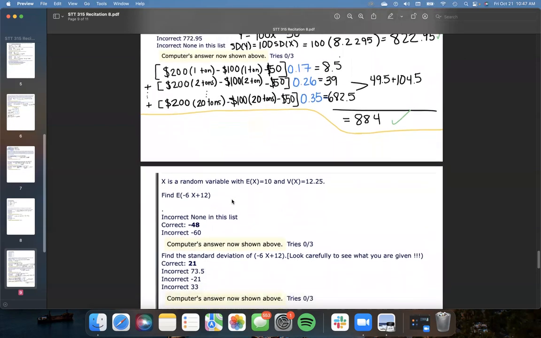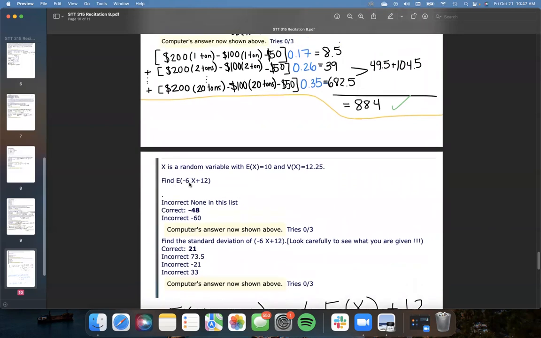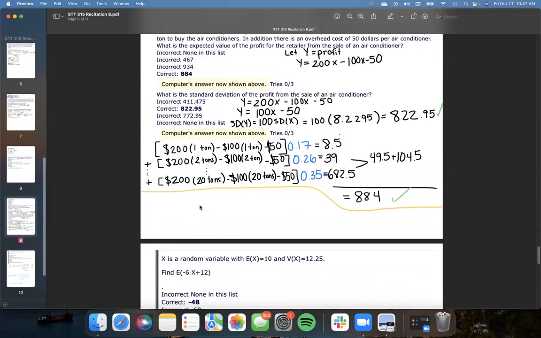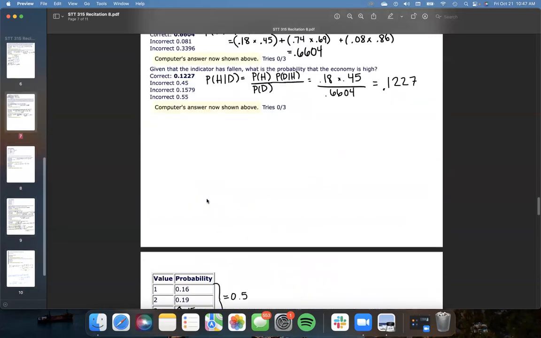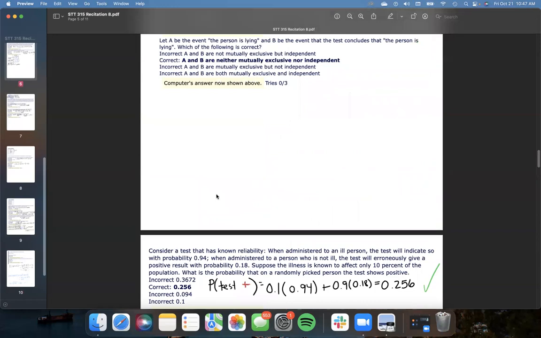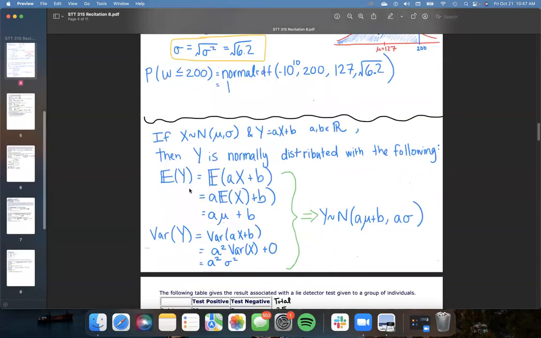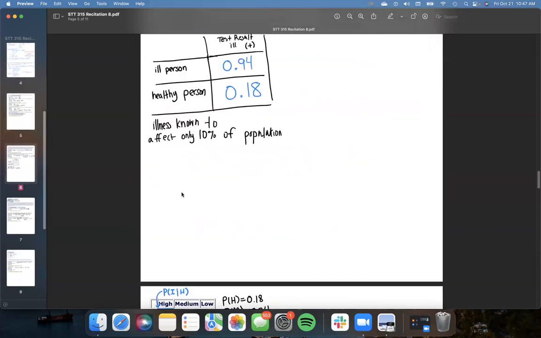X is a random variable with expectation of X equal to 10 and variance of X equals 12.5. So now we want to find the expectation of negative 6x plus 12. So this is what we talked about way up here. We're going to be using that.